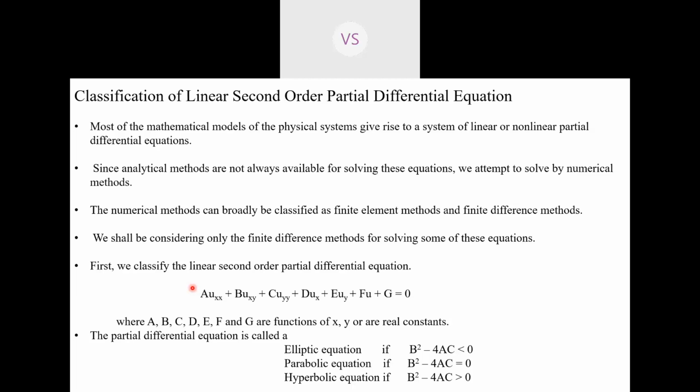Consider a partial differential equation A u_xx. Here u is the dependent variable, and x and y are independent variables. So u_xx means del square u by del x square, plus B u_xy, del square u by del x into del y.